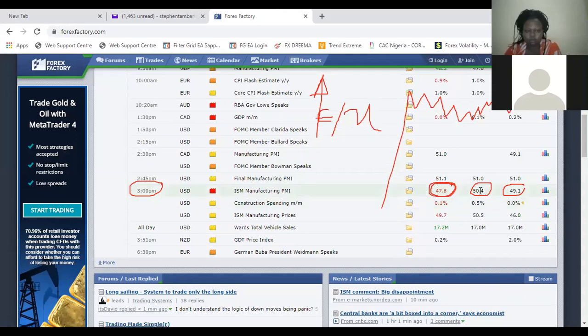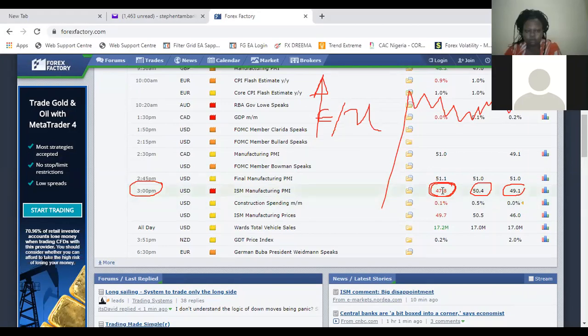Before the news time, they are forecasting that previously this manufacturing figure was 49.1%, and that it will appreciate and go up to 50.4. If it goes up to 50.4, that means it will favor the US dollar. Or if it falls below the previous rate, that's 49.1, it will not favor the US dollar.